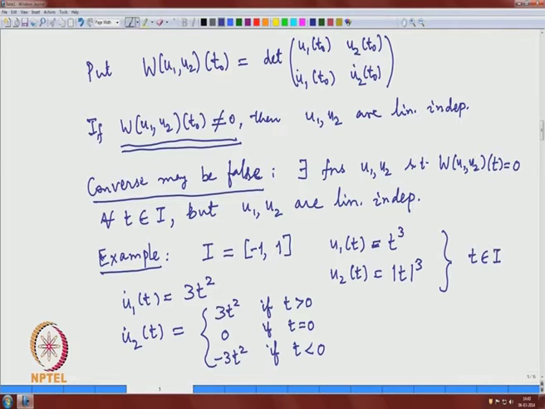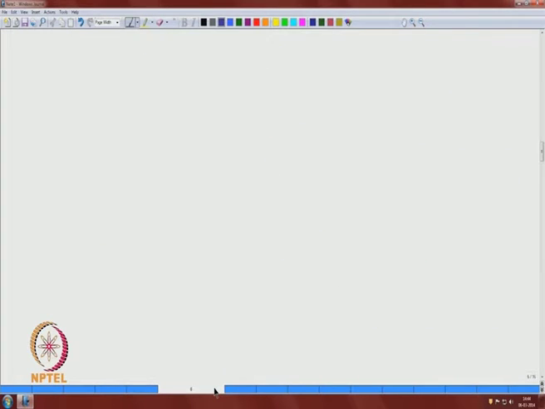Just break this into several regions. Okay. So, it is something like 3t square, but the sign changes, that is important, and using this definition and this computation you see that the Wronskian of U1, U2 at t is 0 for all t in I. Okay. However, we show that U1, U2 are linearly independent.